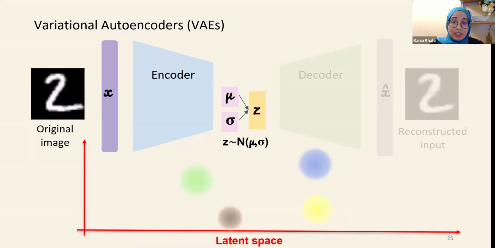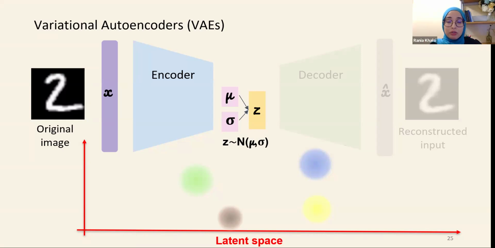What actually guarantees both completeness and continuity is what's known as the reparameterization trick, which we are going to cover when we learn how this network is trained. But before that, let me break down the underlying concepts again and explain things clearly. The two properties are continuity and completeness.